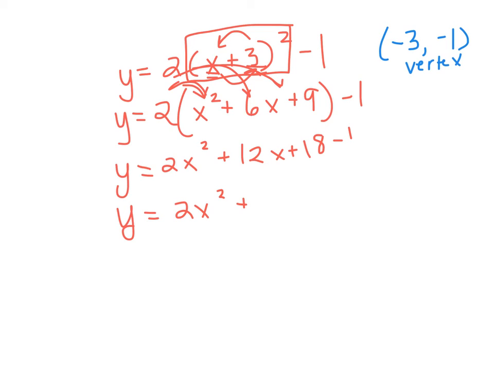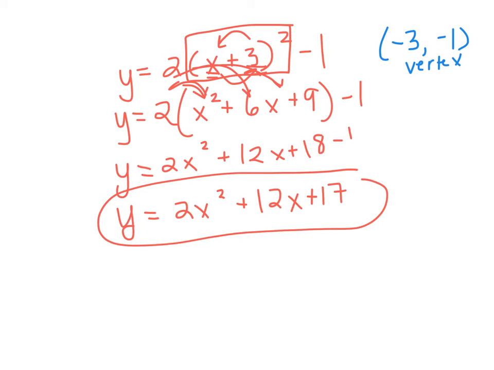So 2x squared plus 12x plus 17 is our equation in standard form. Notice that a is still 2. So that number stays the same, but our vertex, negative 3, negative 1, doesn't show up in this equation. We'll talk next about how to find the vertex when it's written in standard form.